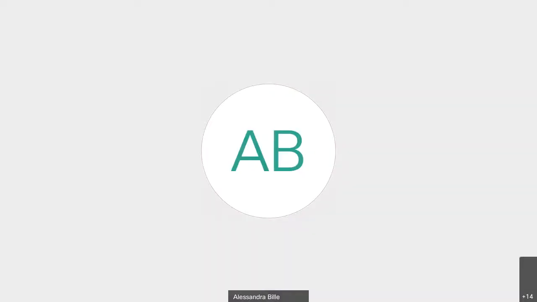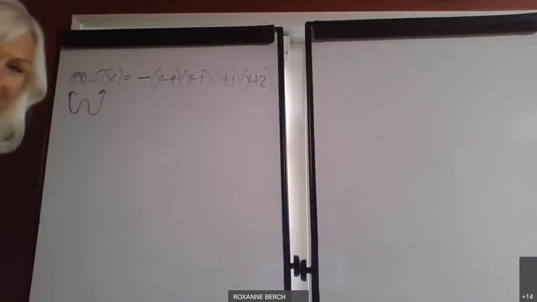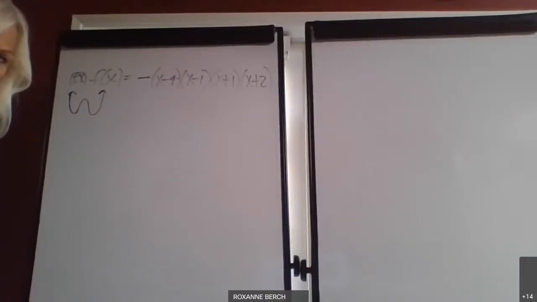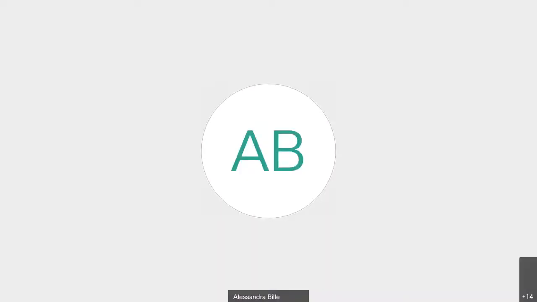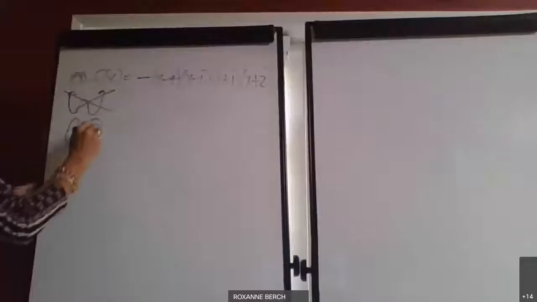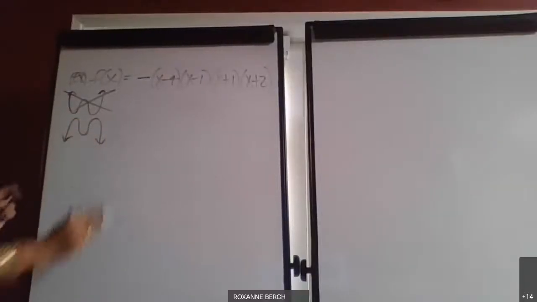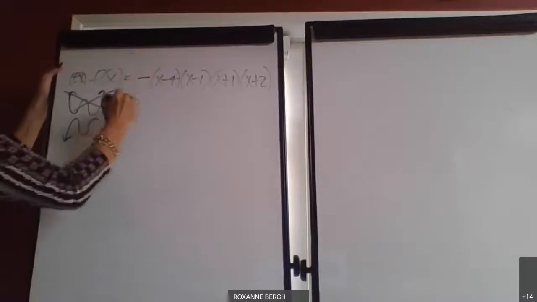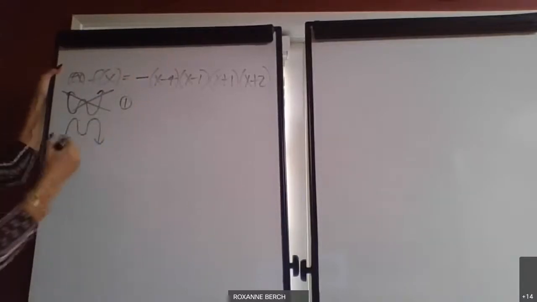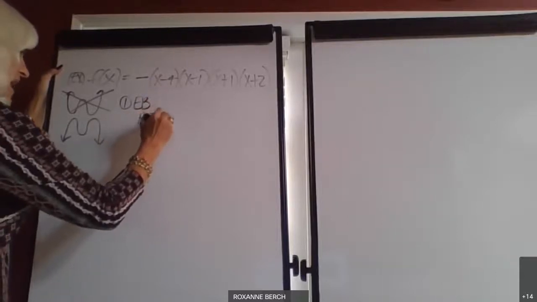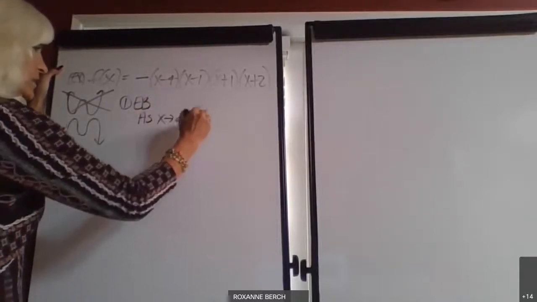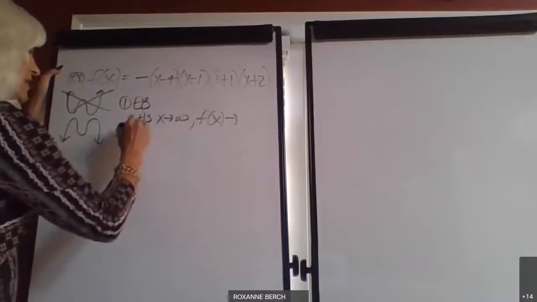And then here we go. You see that negative? What do you think that does to the graph? It reflects it. Yeah. So instead of looking like a W, it looks like an M. That's exactly right. All right. So now that we know that it looks like, we can write the end behavior. As x goes to the right forever, the function is doing what?